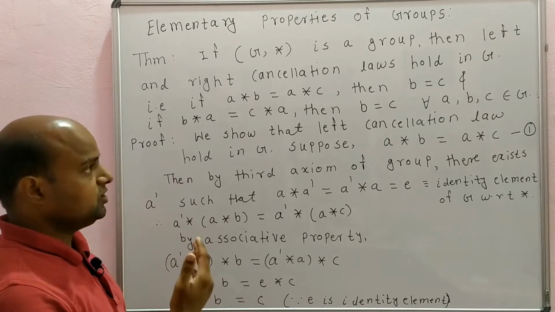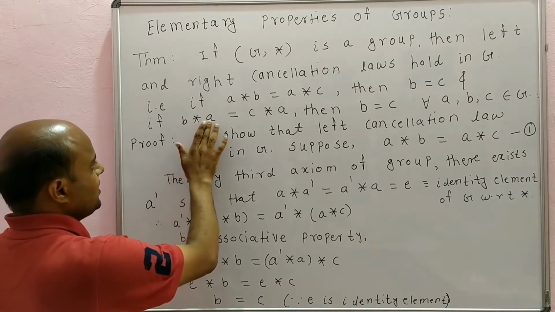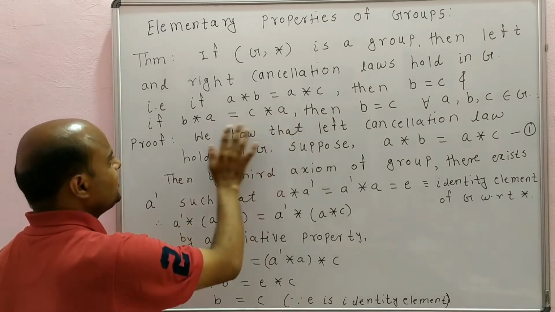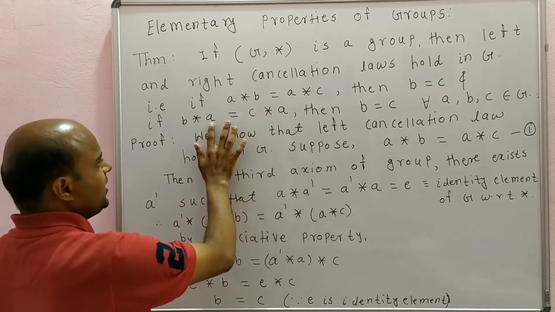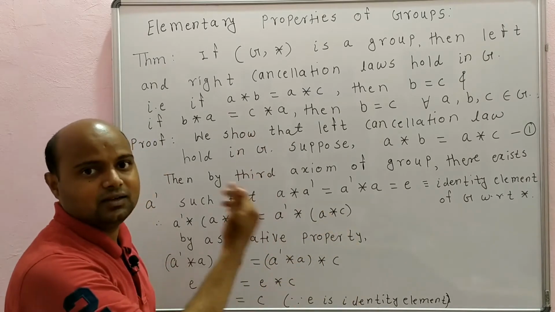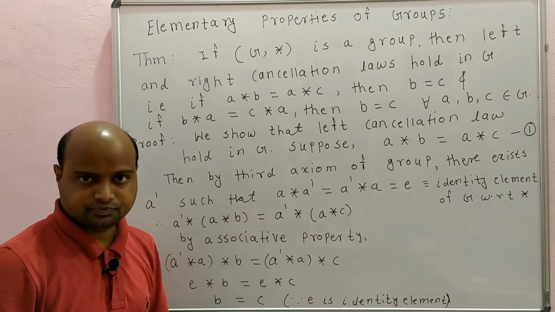Now we will learn the meaning of the right cancellation law. If B star A is equal to C star A, then we get B equal to C. It means on both sides this A gets cancelled from the right-hand side. Therefore it is called the right cancellation law.